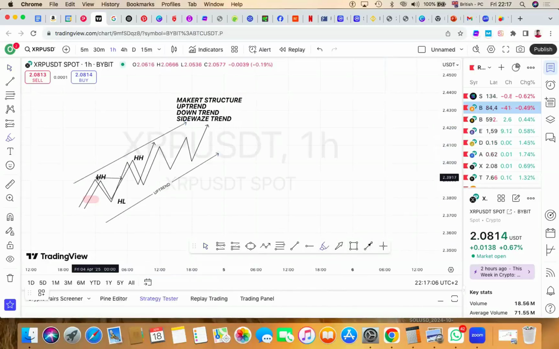So it got to this high here, and then there's a slight move downward and created this higher low, which is here. And then it came to this high from this line that I drew here right now.